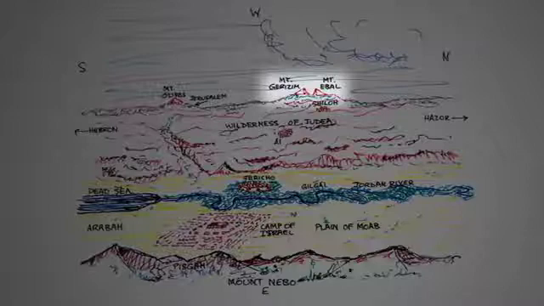Mount Ebal on the north side and Mount Gerizim on the south side. They are going to have to gather at those two mountains and repeat the covenant of God. And Moses tells them when they get in, the people must stand between the two mountains, and then some must stand on one mountain, some on the other, and must shout the blessings and the curses of the covenant.